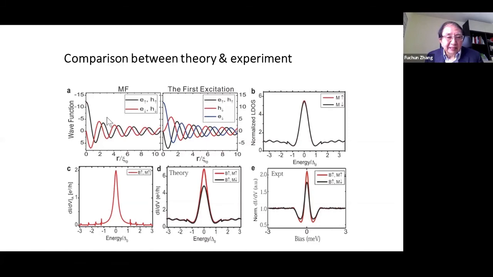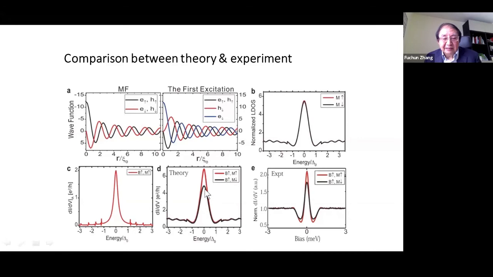This is the same as before, the Majorana zero mode and the first excited state, up and down, it's the same. And this is for the angular tunneling, that's for the density of state. For angular tunneling, it's added together, so that makes the difference between the spin up and the spin down.